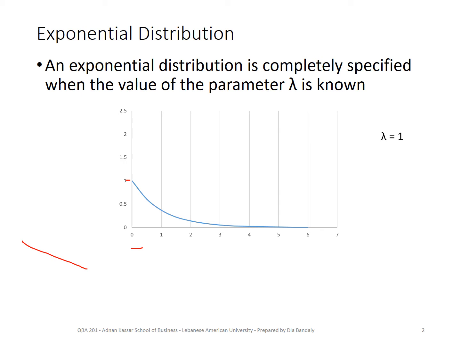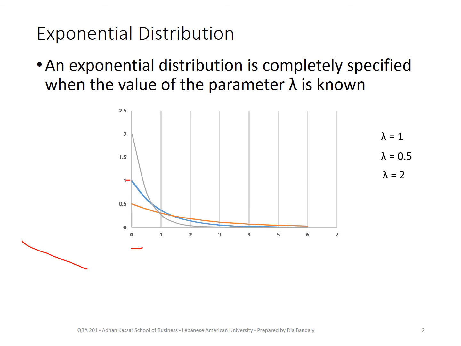And look what happens to this curve with different values of lambda. For example, for lambda equal to 0.5, it's like that. The exponential part is less, while for a larger lambda like 2, look at how exponential it's going to be.